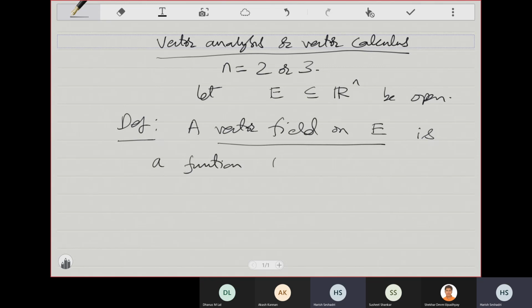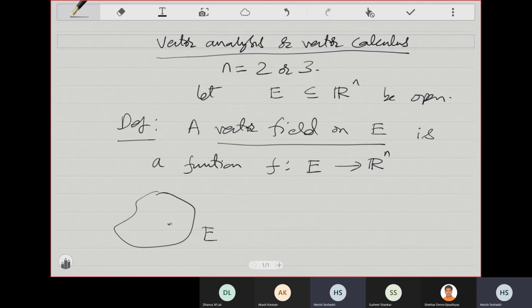A function F from E to Rn. The way one thinks about it is, this is your E, and at every point of E you are assigning a vector in Rn, whatever n I started with.